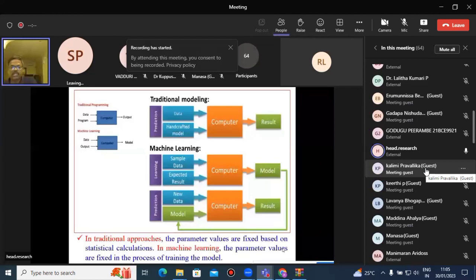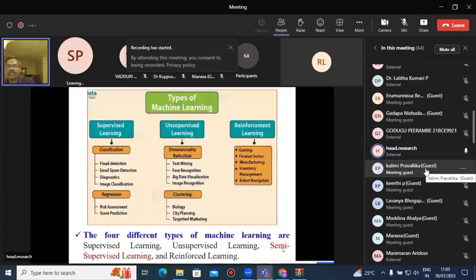This is about the traditional approaches versus machine learning. In traditional approaches, the parameter values are fixed based on statistical calculation. In machine learning, the parameter values are fixed in the course of training the model. For training purposes, we use 75% of the images, and 25% we use for testing.